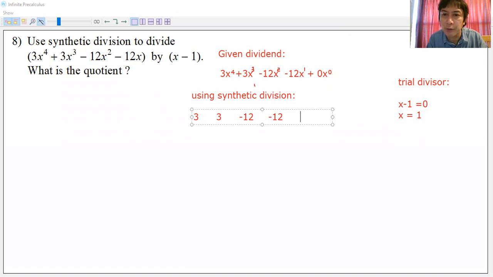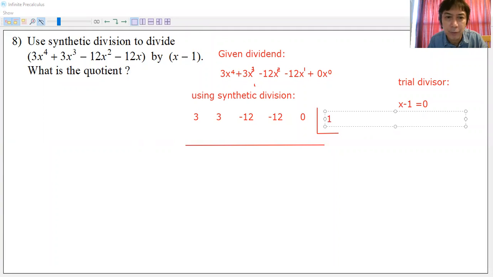For the 0 degree, it's a 0. And now we put our partition line. Let's put the horizontal line also. After which we now provide our numbers. Trial divisor over here, it's a positive 1.